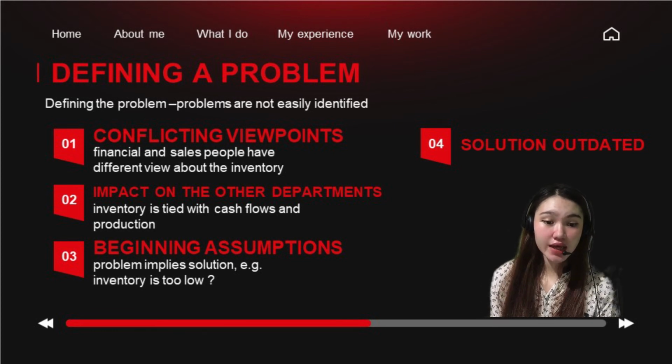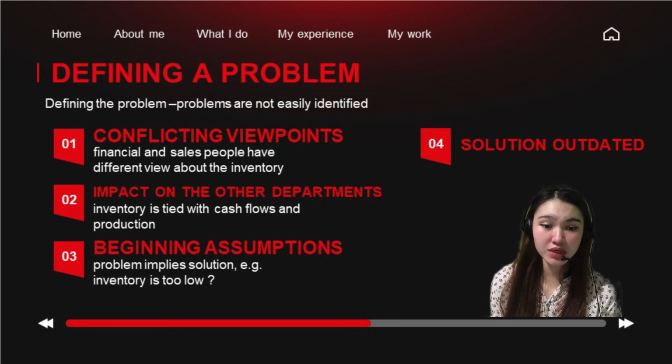The argument that inventory levels are too low suggests that the remedy is to increase inventory levels. If a quantitative analyst starts with this premise, he or she will almost certainly discover that the inventory needs to be increased. A good solution to the correct problem is far superior to an optimal solution to the wrong problem in terms of implementation.